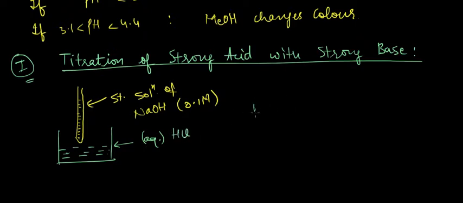Okay, so let's say the concentration of the aqueous solution of HCl is 0.1 M and we are using 50 ml of the same.